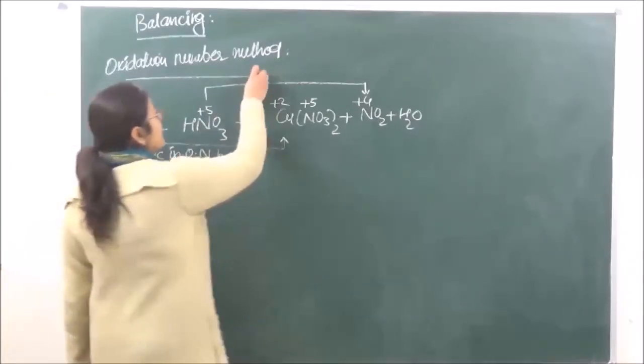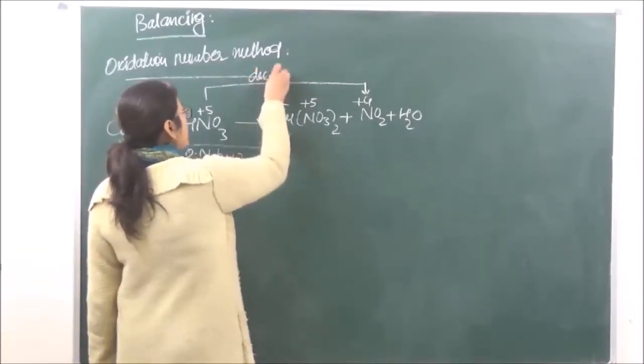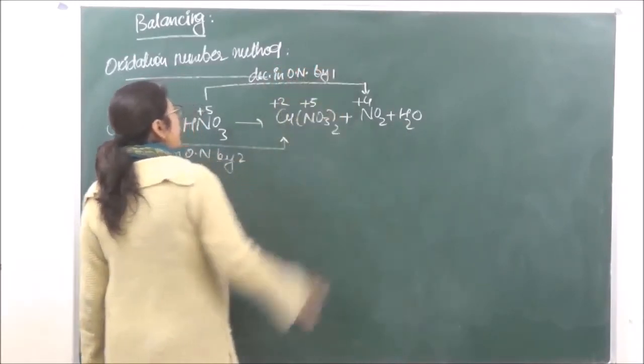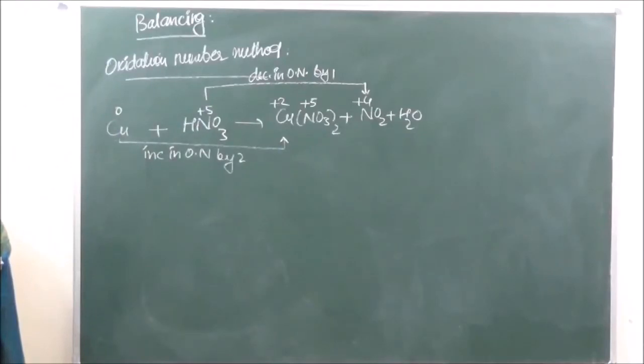So there is a decrease in oxidation number by 1. Okay, so over here we are going to again put the nitrate ions as they are.